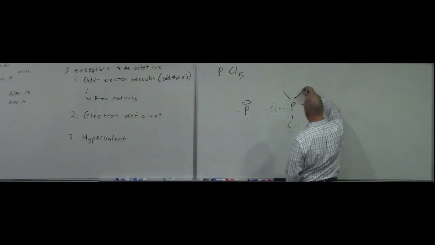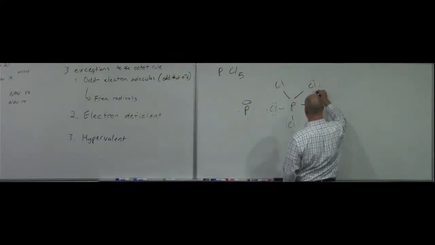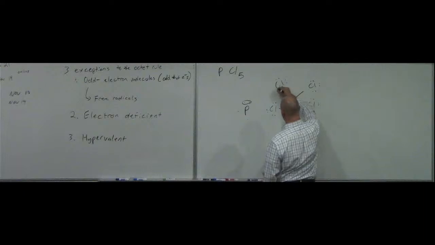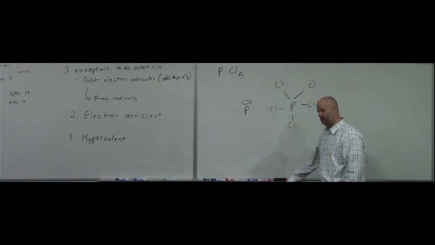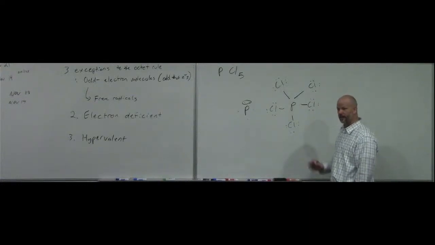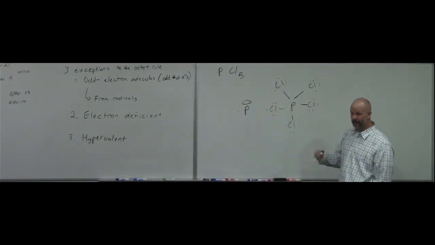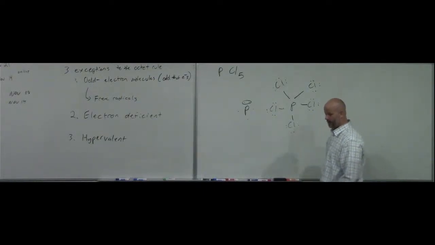So I'm going to go here and here. Chlorines are all fine, they're meeting an octet. But this guy's seeing 1, 2, 3, 4, 5, 6, 7, 8, 9, 10. That's only possible because he has those d suborbitals that you can go into. So that's how you'd handle that.